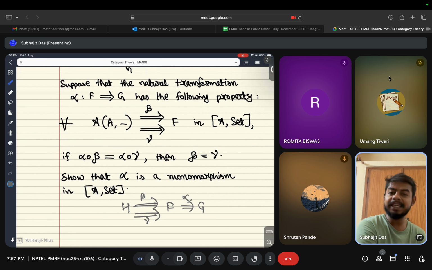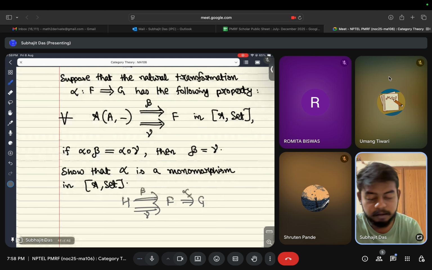Here you are only given that alpha composed with beta is alpha composed with gamma implies beta is equal to gamma only for arrows beta and gamma whose source object is a co-representable functor, the functor co-represented by A. Okay, so that is the important thing to be noted here.